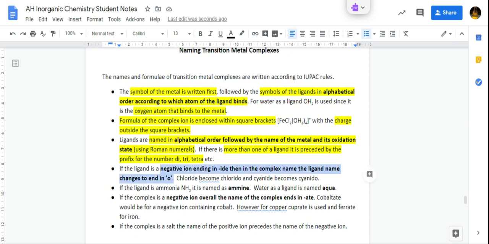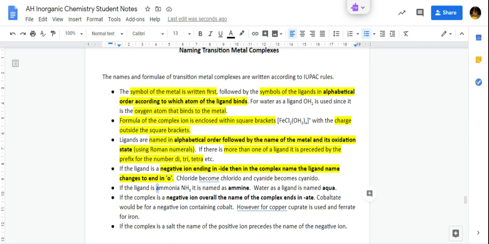Instead of IDE, it becomes IDO. That's one of the changes. So for example, chloride becomes chlorido, cyanide becomes cyanido. If you have hydroxide, it becomes hydroxido. Bromide, bromido. Fluoride, fluorido. Okay.